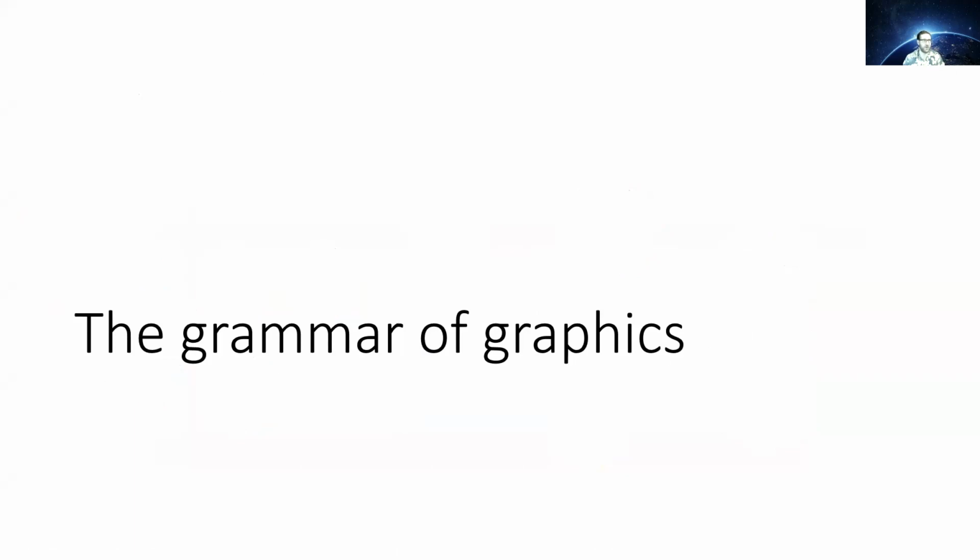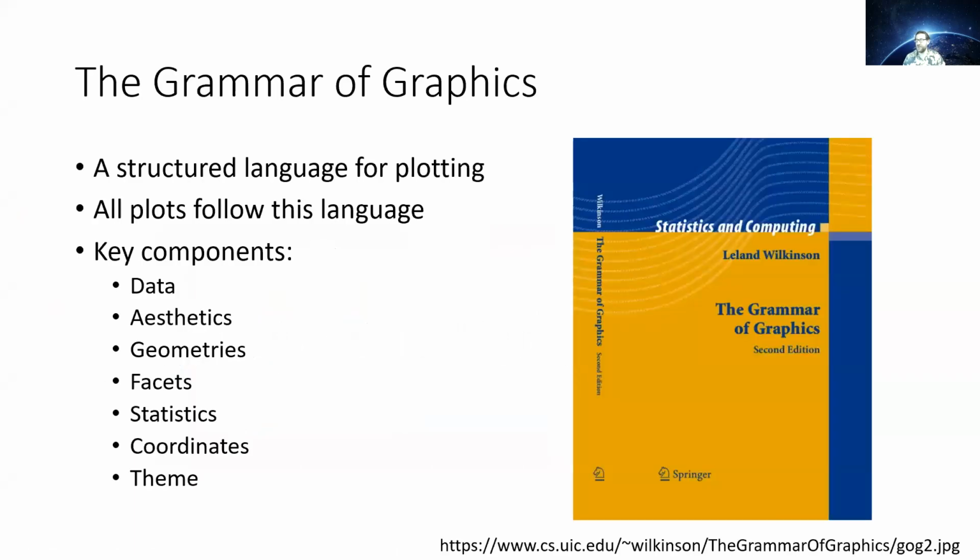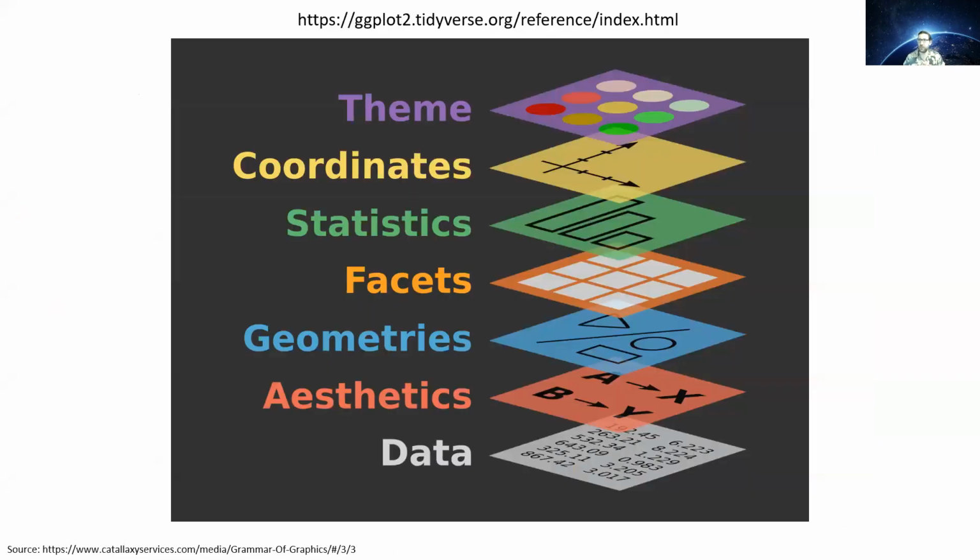That comes from a book from back in the 80s by Leland Wilkinson, which describes how all statistical plots can be broken down into a series of layers: data, aesthetics, geometries, facets, statistics, coordinates, and themes. Grammar of graphics is a structured language by which you can control these layers to create any kind of visualization you need, easily and in a straightforward, human readable manner.